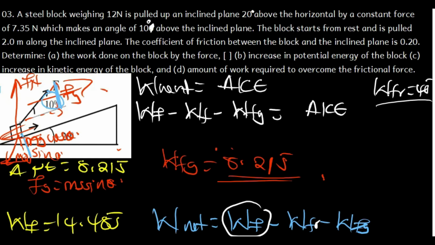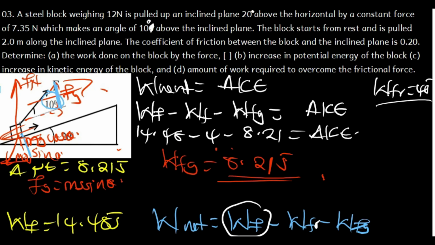So the work done by the force is 14.48, minus the work done by friction, which is 4, minus the work done by Fg, which is 8.21. Okay, this has to be equal to the change in kinetic energy.